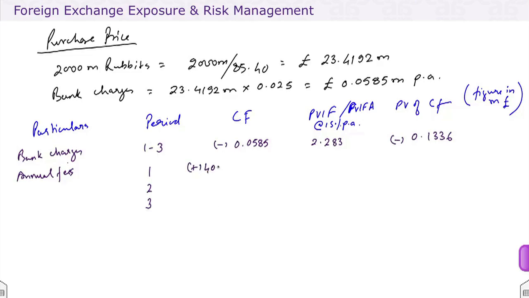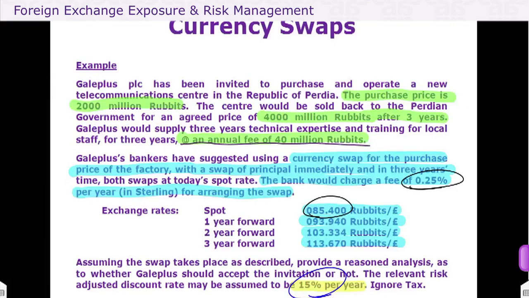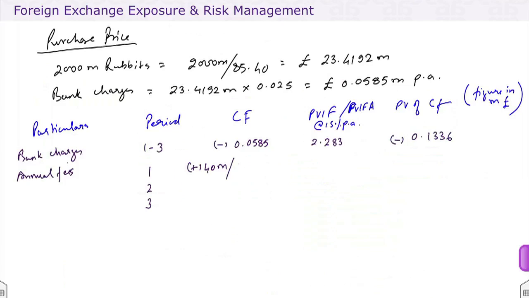But then 1 year's forward rate is 93.94, so converting that into pound sterling, divided by 93.94, this cash flow comes to 0.4258, and the present value factor at 15% for year 1 is 0.870.